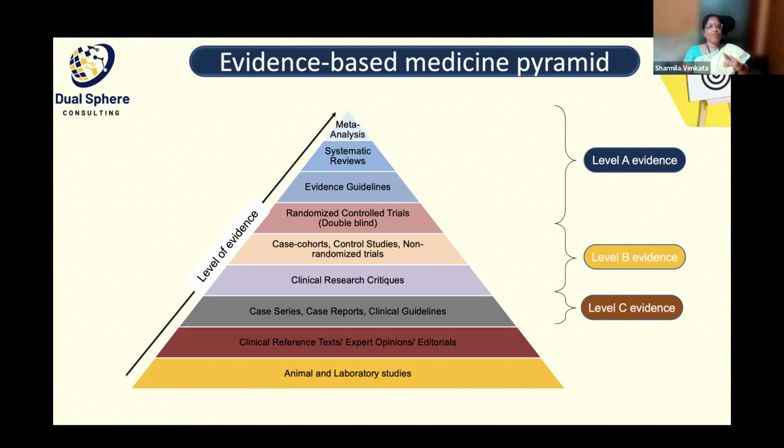So this is where GRADE comes in. Instead of ranking study designs in a rigid hierarchy, GRADE assesses the certainty of the entire body of evidence, taking into account study limitations, inconsistency, indirectness, imprecision, and publication bias.